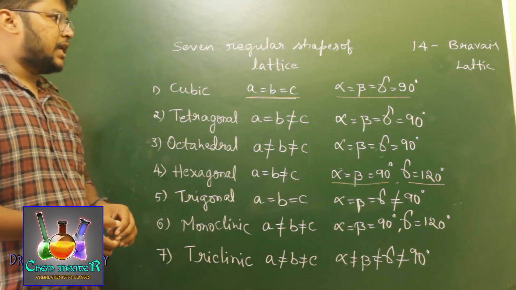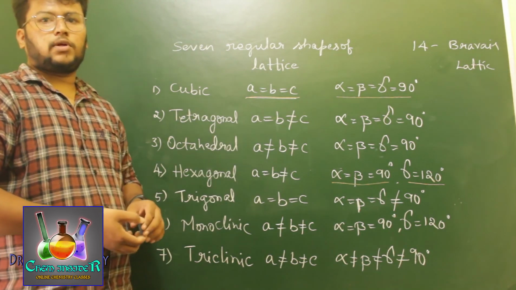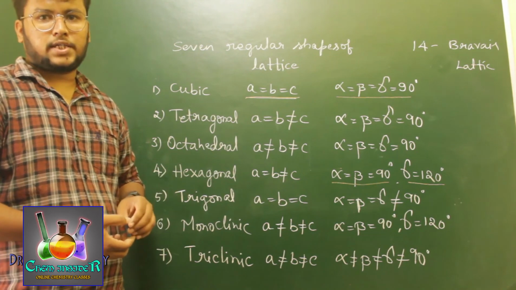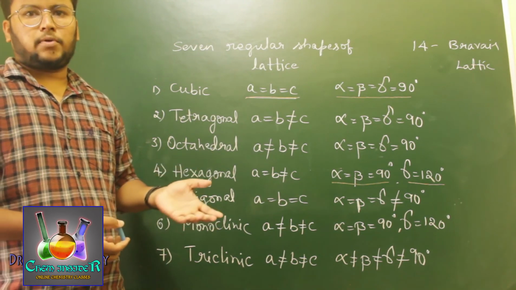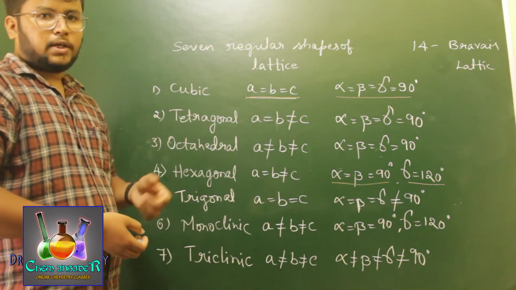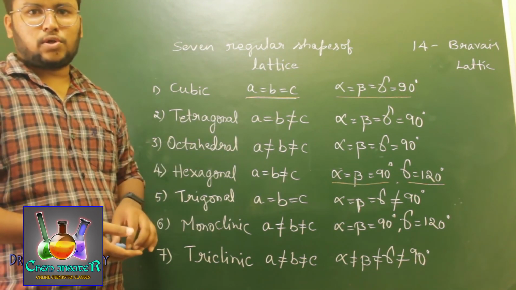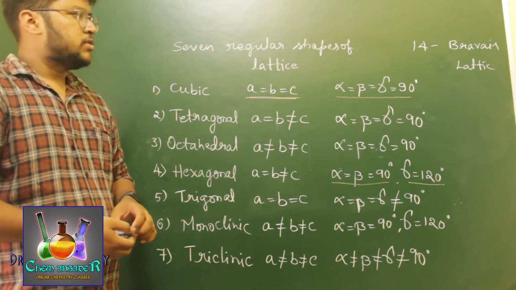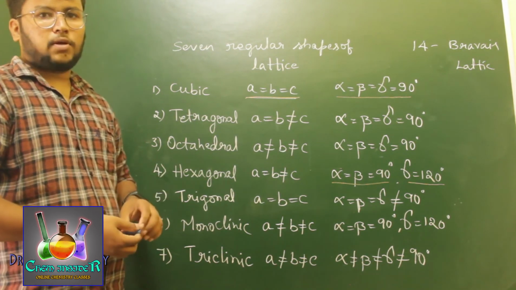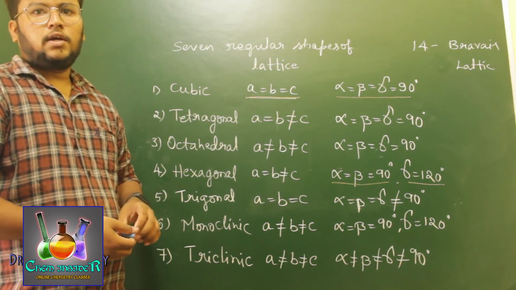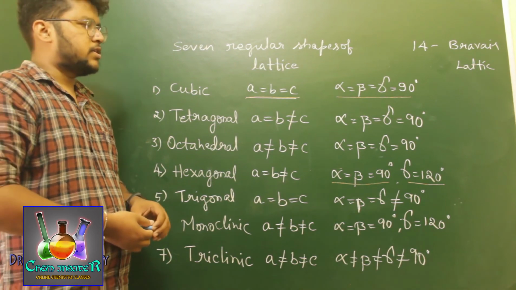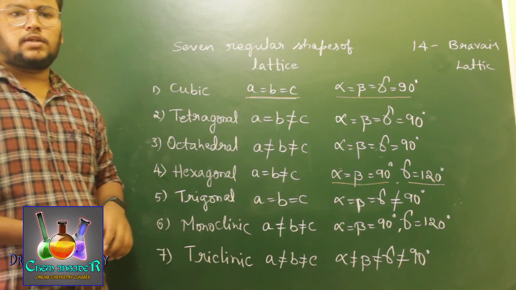But if we consider the exact number of atoms present in a given unit cell, it's not exactly 8 for a primitive cell, because each atom present in the corners is shared by other unit cells also. So we are going to discuss the number of atoms present in each unit cell in the next class.